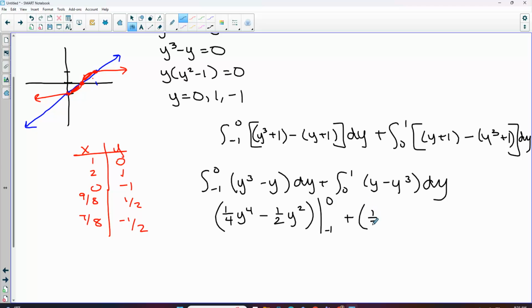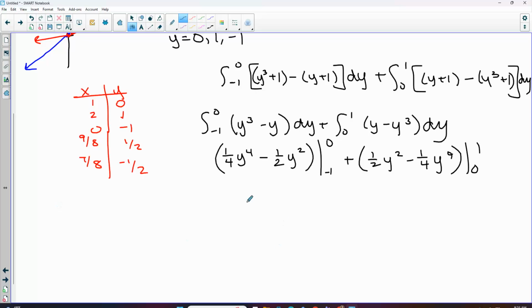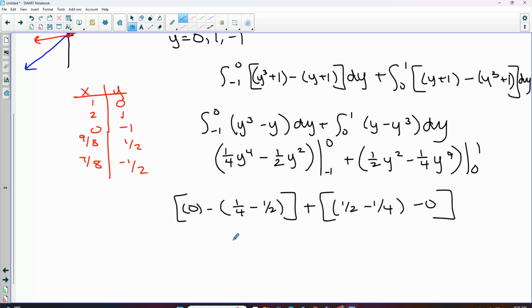So plug in, we get 0, minus if I put in -1, the opposite of -1/4, so 1/4 plus 1/4 is 1/2.